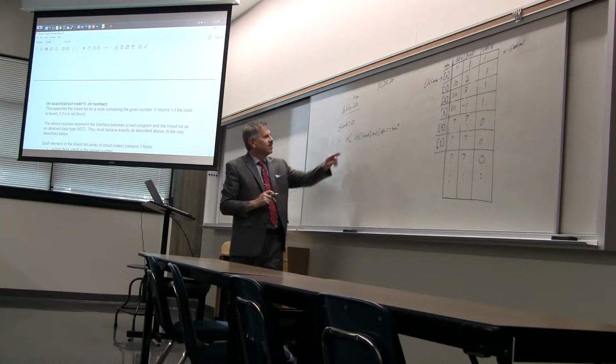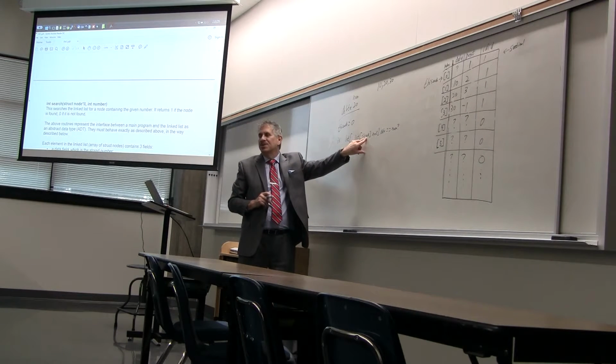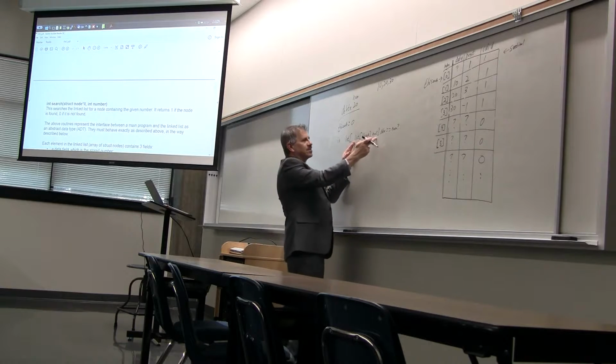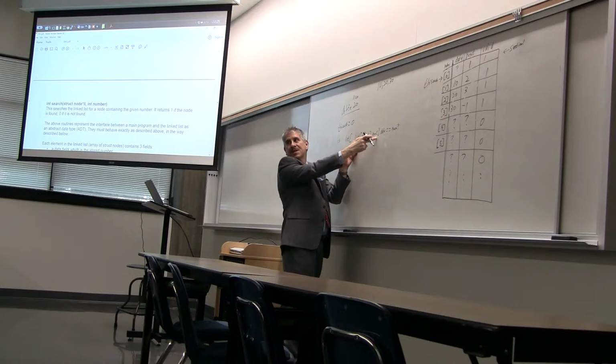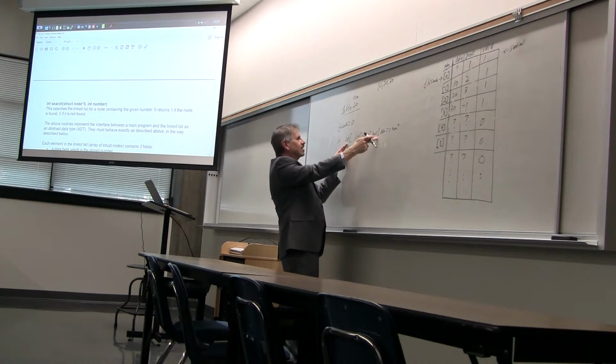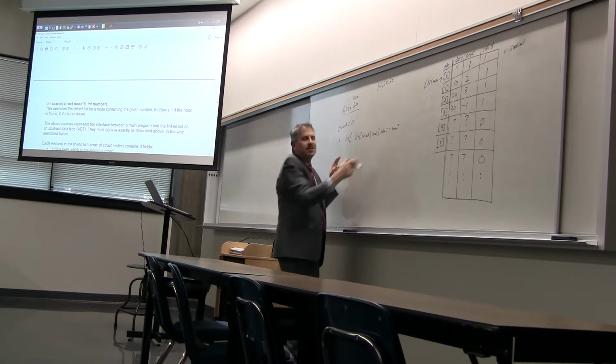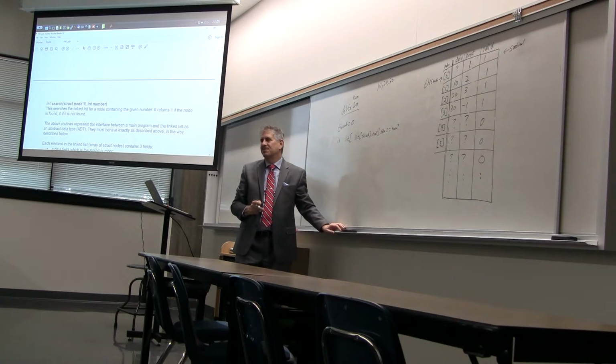What is this saying? Look at this node in the list. Look at its next field. So this is the index of the next node. Look at that entry in the list and check its data. So this is the next node's data. Is the next node's data equal to the thing you want to delete?